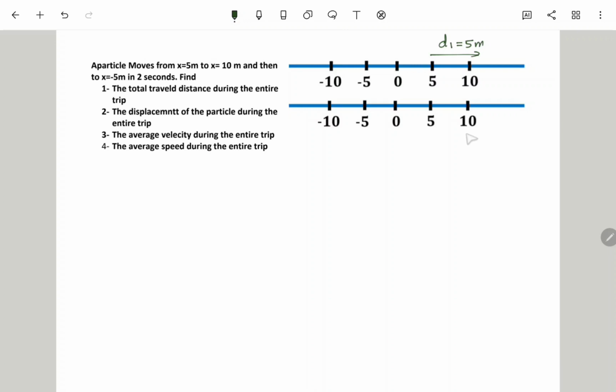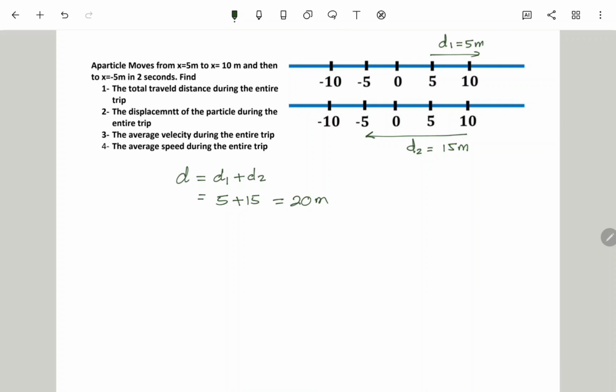Then he moved from 10 to minus 5. This is d2, which is equal to 15 meters. So the total traveled distance d is equal to d1 plus d2, so it's 5 plus 15, or 20 meters.